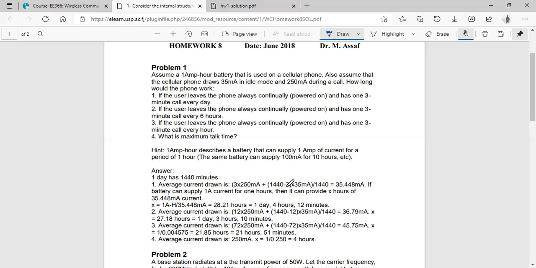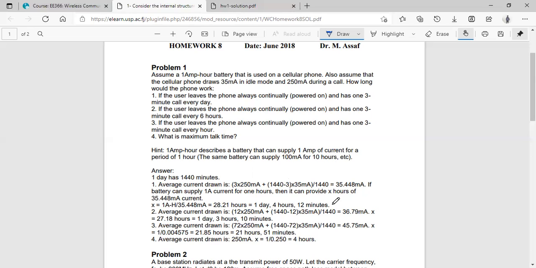That is equivalent to 28.21 hours, which is basically 1 day, 4 hours and 12 minutes.